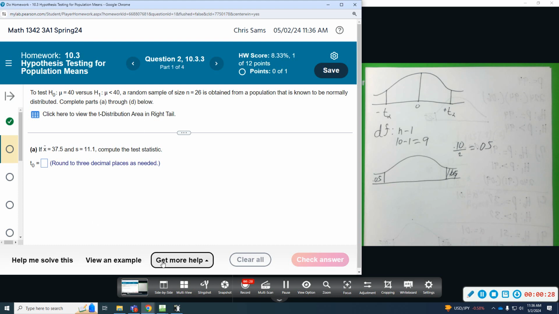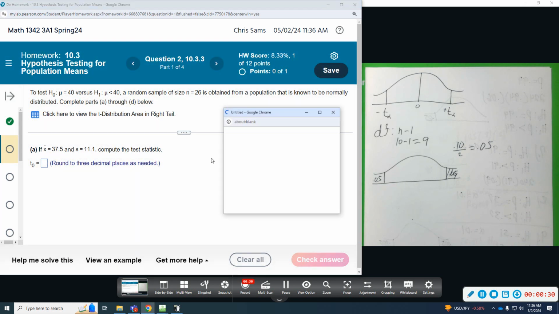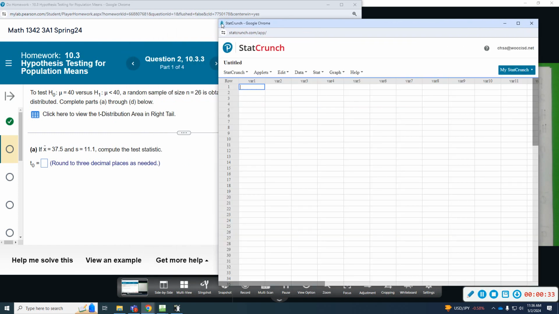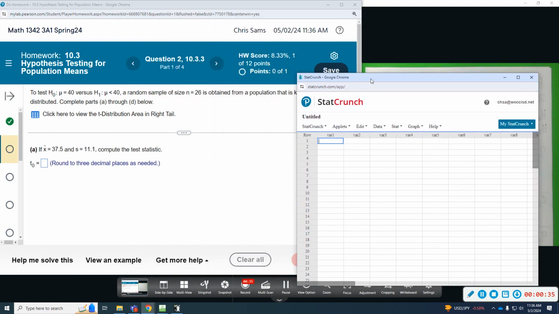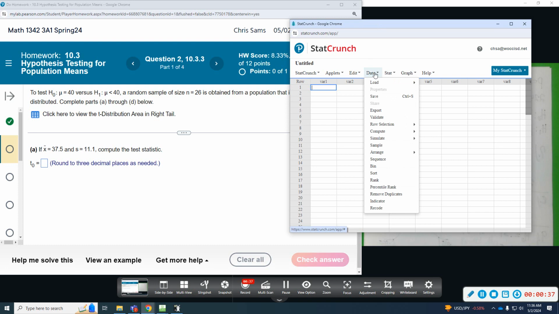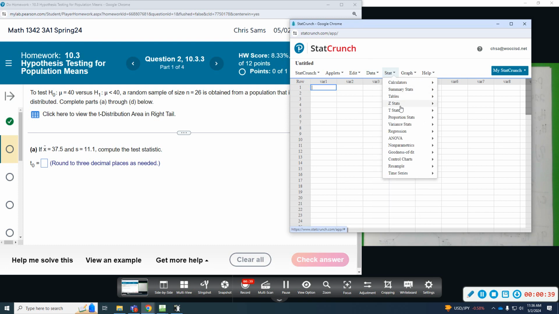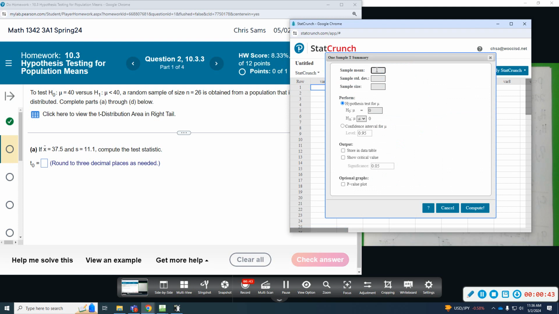So we're going to do StatCrunch. We're going to do the T statistic with summary. Sample mean was given to be 37.5.